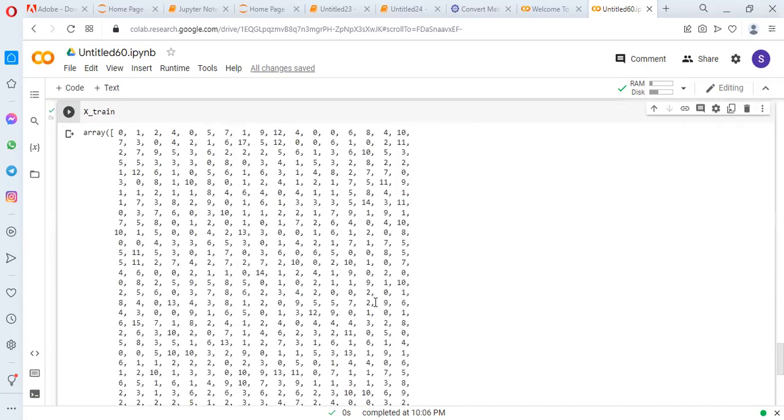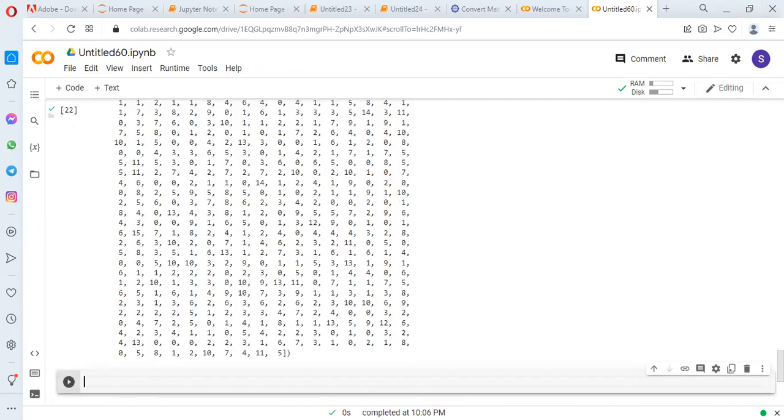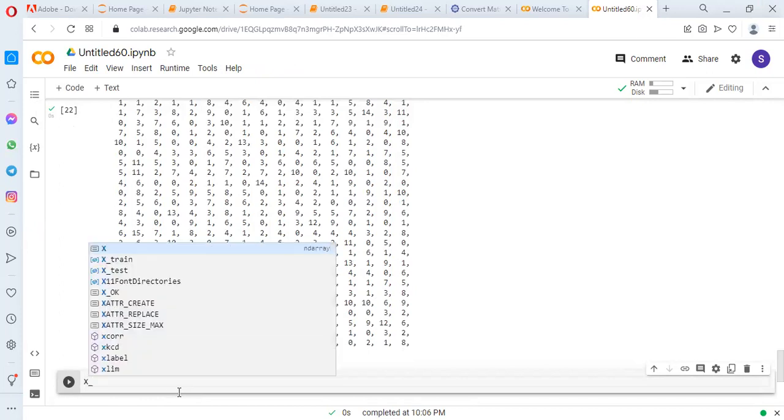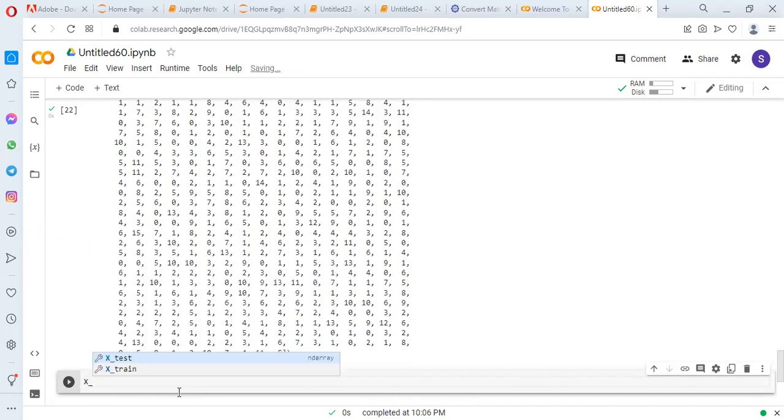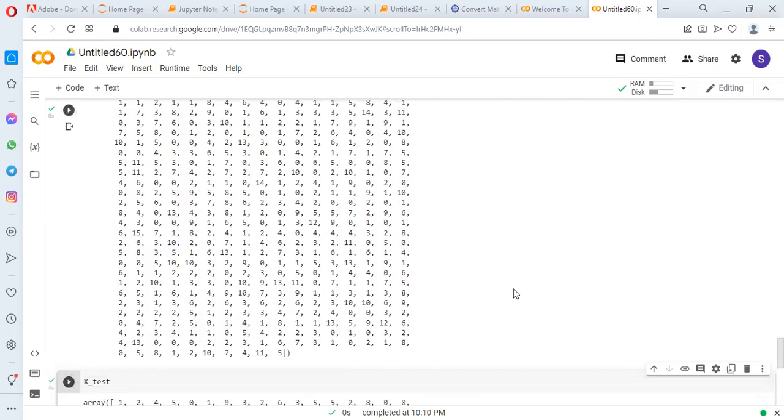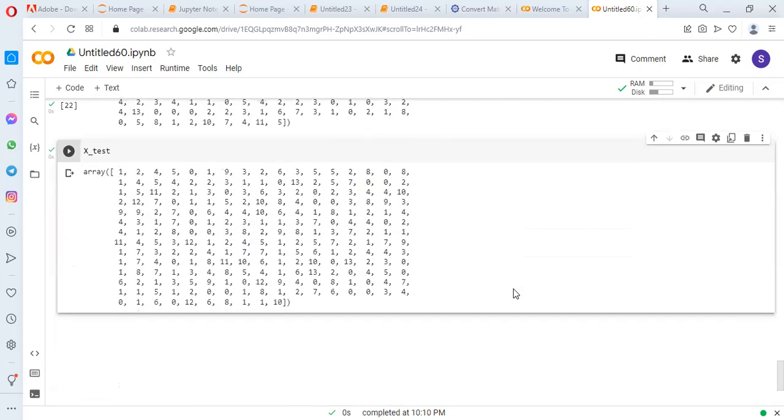So if all these figures are used for building the model, then for evaluating the model, for evaluating the x value, we use x_test. These numbers are used for testing.